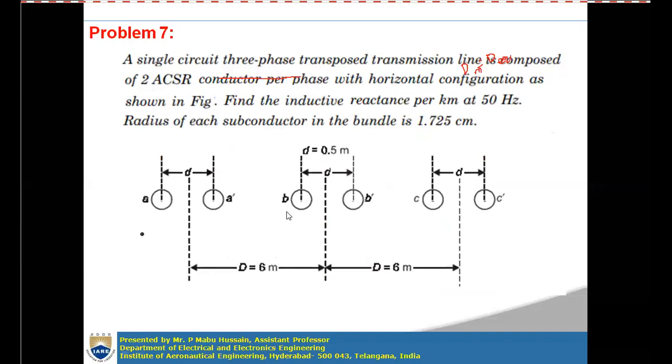So the equivalent, D equivalent, is equal to the previously stated formula, which is DAB, DBC, DCA whole to the power of 1 by 3.